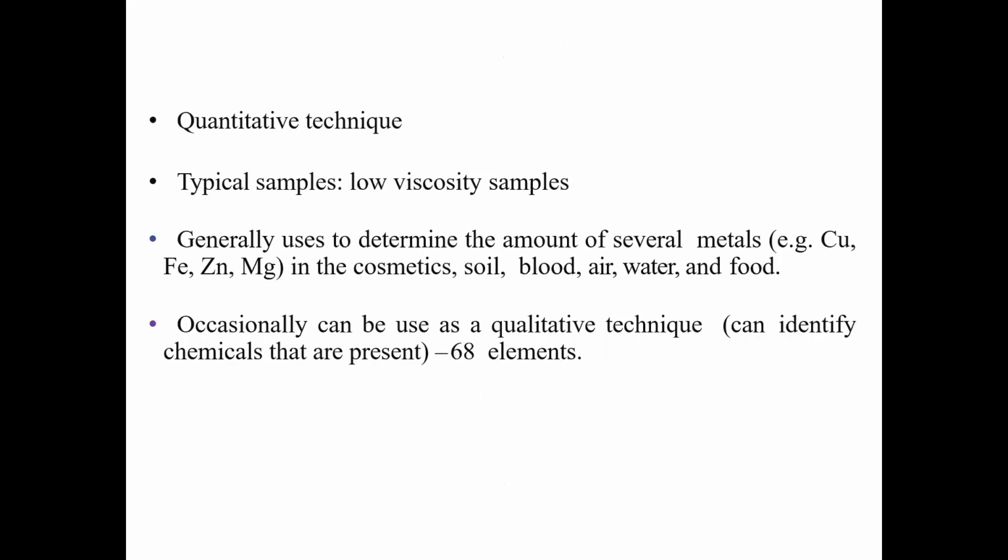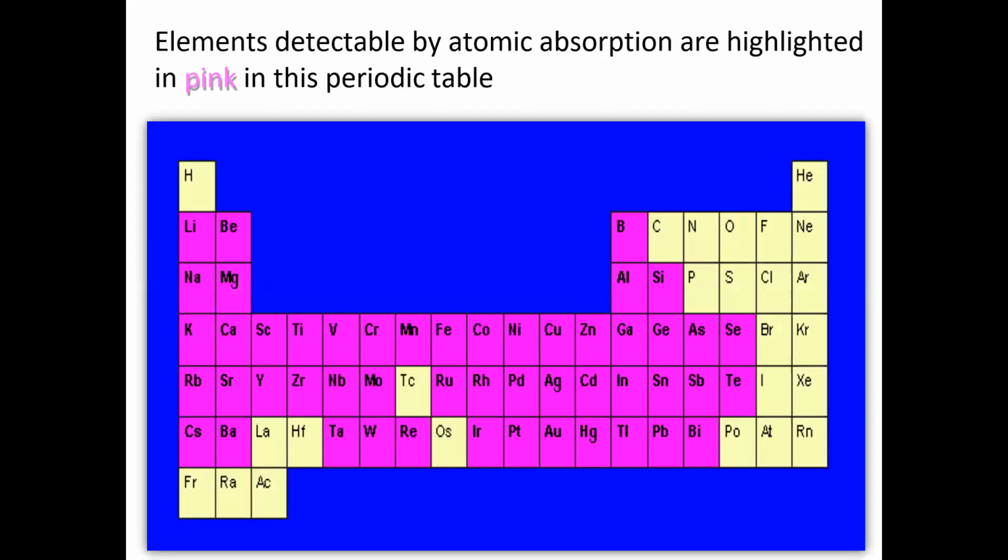It's a quantitative technique, typically for low viscosity samples, used to determine the amount of several metals. Occasionally it can be used as a qualitative technique also. Then the elements detectable by atomic absorption are highlighted in pink in this periodic table.